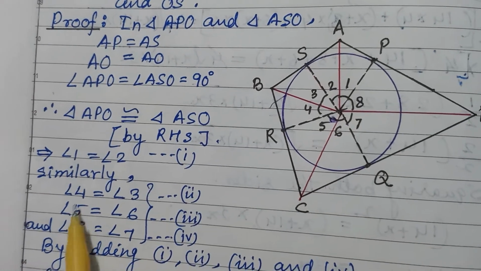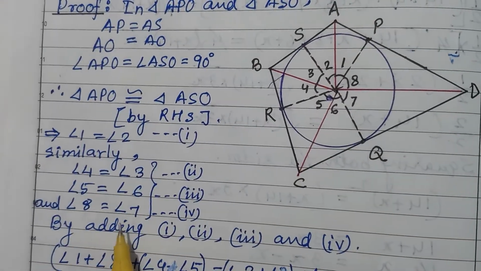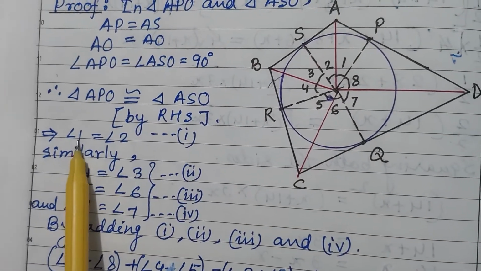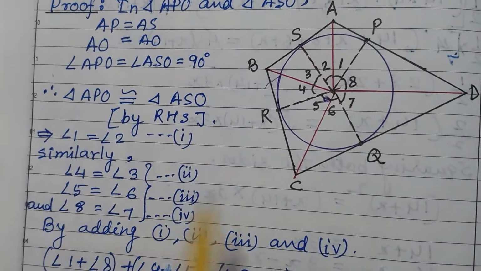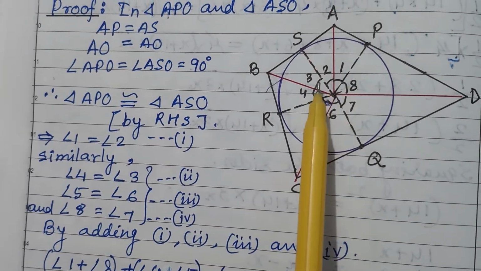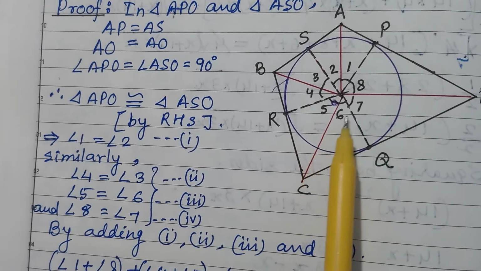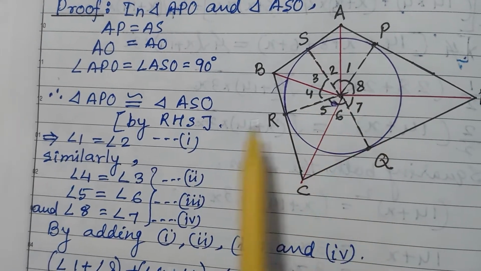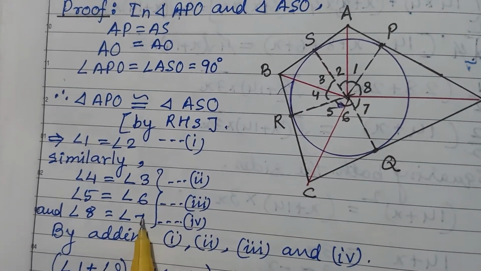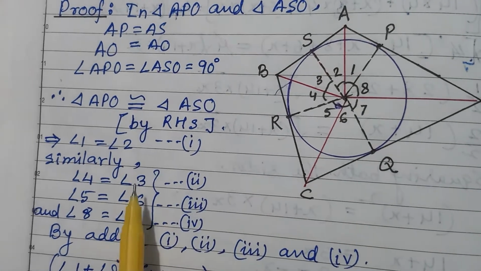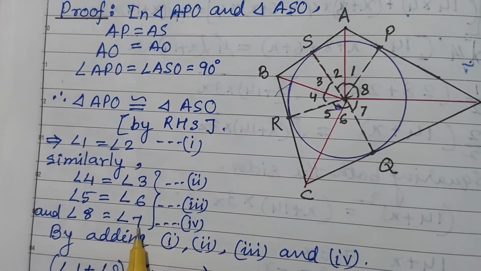Now add the left-hand side and right-hand side: 1 plus 4 plus 5 plus 8, and the right-hand side 2 plus 3 plus 6 plus 7.